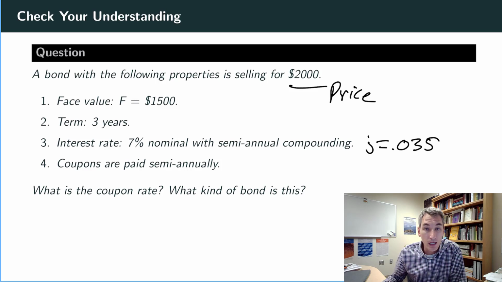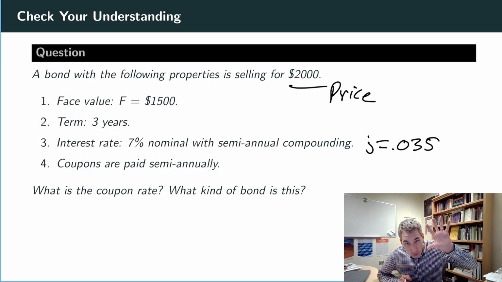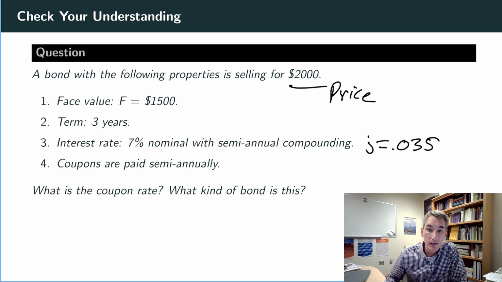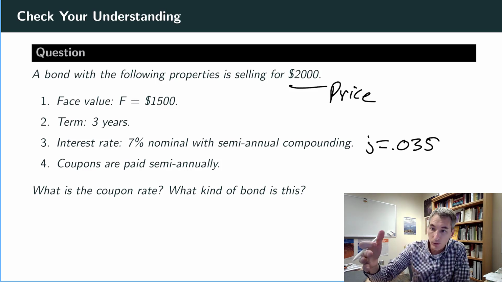Coupons are paid semi-annually. What's the coupon rate? What kind of bond is it? So can you read that information and figure out the coupon rate and what kind of bond it is? All right. So pause it there, work out the problem, and then come back when you've got it done, and I'll show you how to do it.